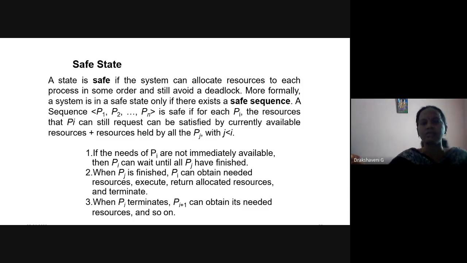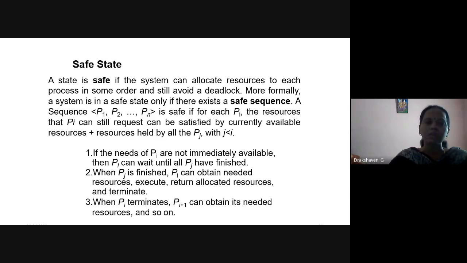When do we say safe state? When there are processes in some order, like 1, 2, 3, 4, 5, increasing order or decreasing order, 10, 9, 8, something like that. Along with that, there should be a sequence. Sequence means one after the other, a safe sequence.